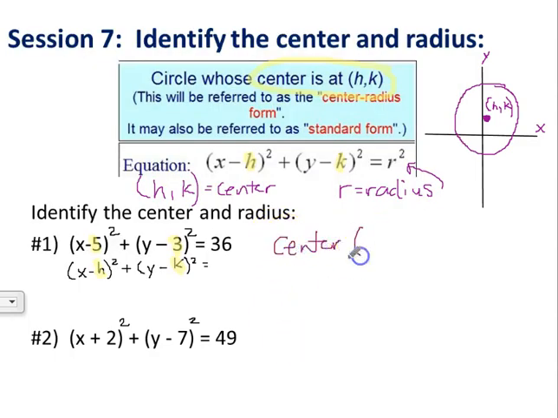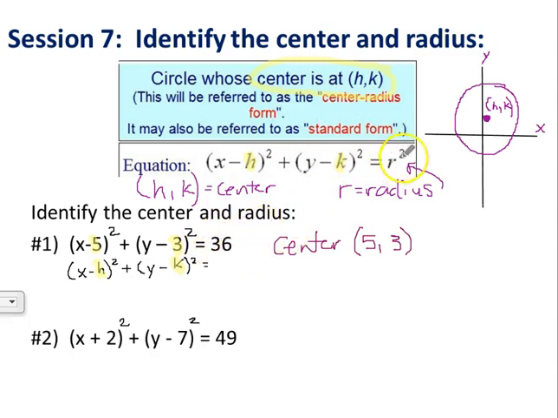We want to find the center. So remember, it's just h and k. So it's 5 and 3. Notice I did not say -5 or -3, because the standard form is already written x minus. So just the 5 and just the 3 represent your h and k, or your center. What about 36? That's going to help me figure out the radius.